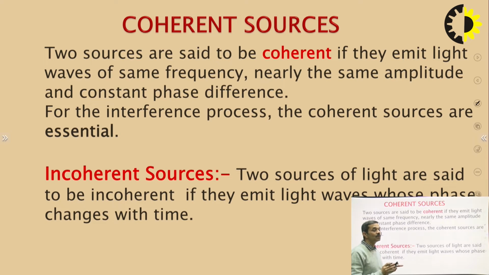That means we cannot observe the interference pattern between the two interfering waves. So the primary requirement for interference is that light must be coherent, that means the phase difference between them must be constant with respect to time. If it varies, then we cannot have a stable interference pattern on a screen.